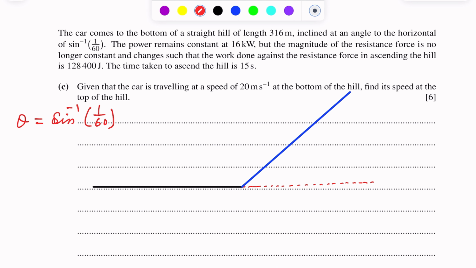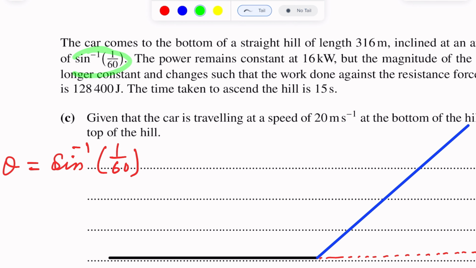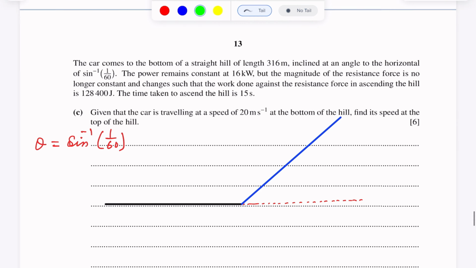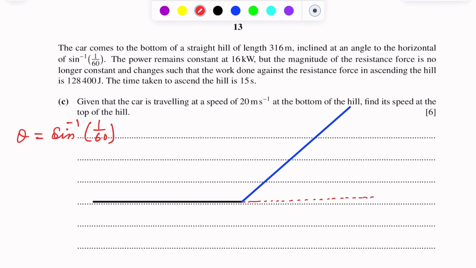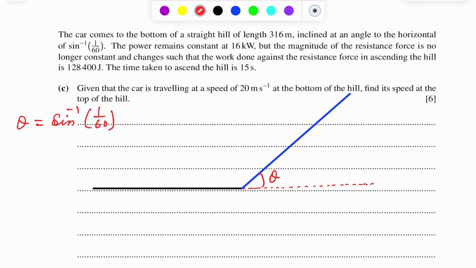It is given in the question. Sine inverse 1 over 60 is actually the value of theta. So this is theta. From here we can find the value of sine theta, that will be equal to 1 over 60.